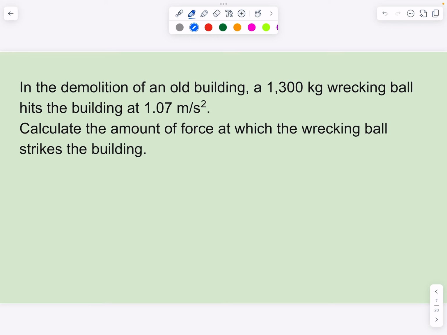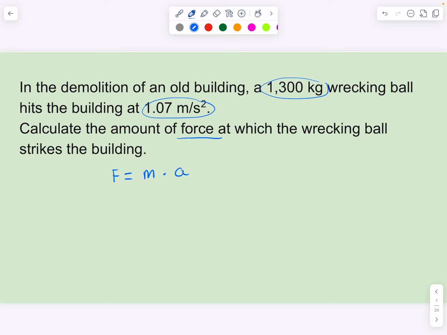All right, so let's take a look at some of the things that were on your Edgenuity lesson from this week. We had, first of all, a demolition of a building, and a 1,300 kilogram wrecking ball hits the building at 1.07 meters per second squared. Calculate the amount of force at which the wrecking ball strikes the building. In this case, we're going to use our formula of force equals mass times acceleration.